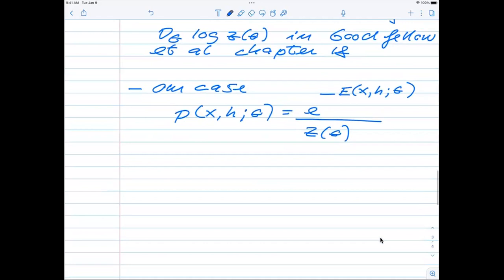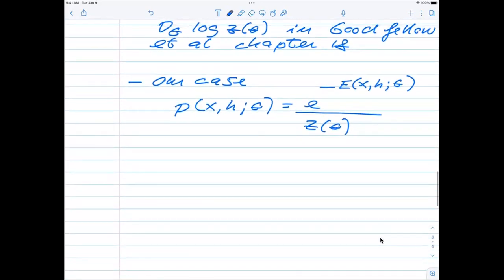But what we are going to do now is not to optimize the probability distribution, but to assume that the wave function squared, the trial wave function as a function of the parameters theta, is given by this probability distribution, which is the marginal distribution.